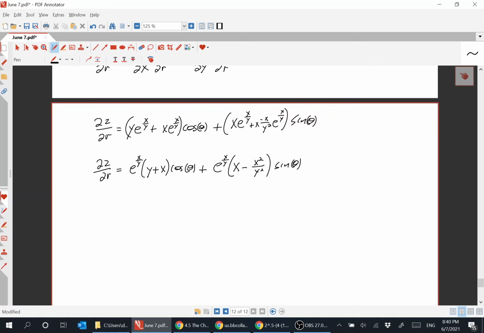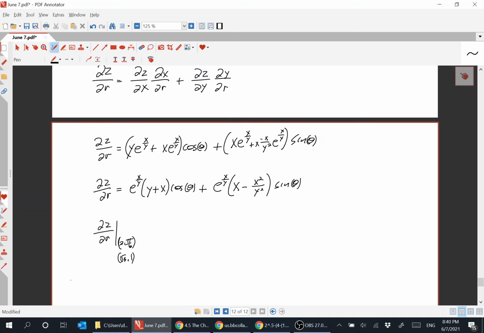Now plugging in all those values. So dz/dr at (x, y), at r, theta equal to 2, pi over 6. And x, y is root 3 and 1, r cosine theta and r sine theta.